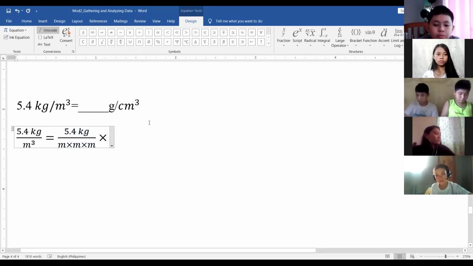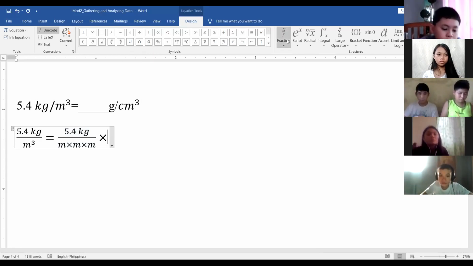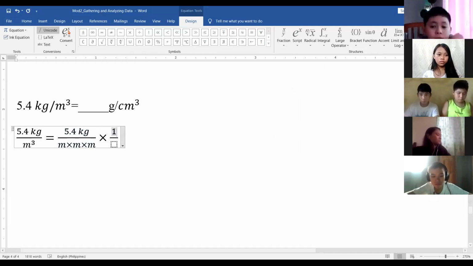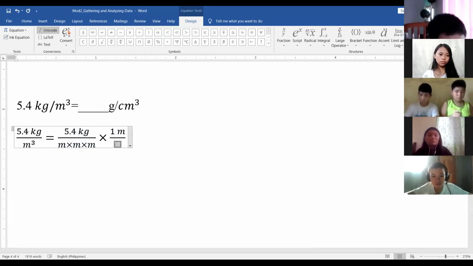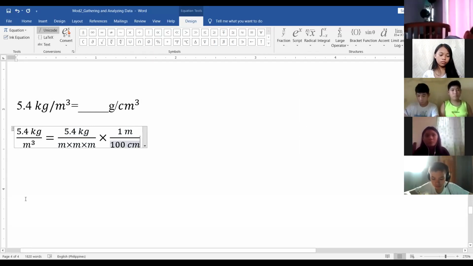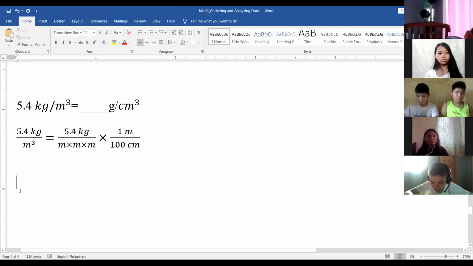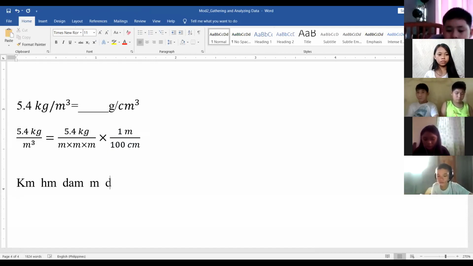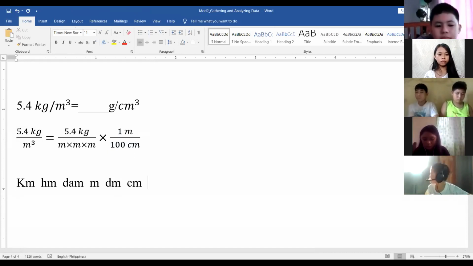So we are now going to convert then. The target is cm. So in other words, your meters will be in the numerator. 1 meter is equal to 100 centimeters. How did we come up with the 100 centimeters? We put it here: kilometer, hectometer, decameter, meter, decimeter, centimeter, millimeter.